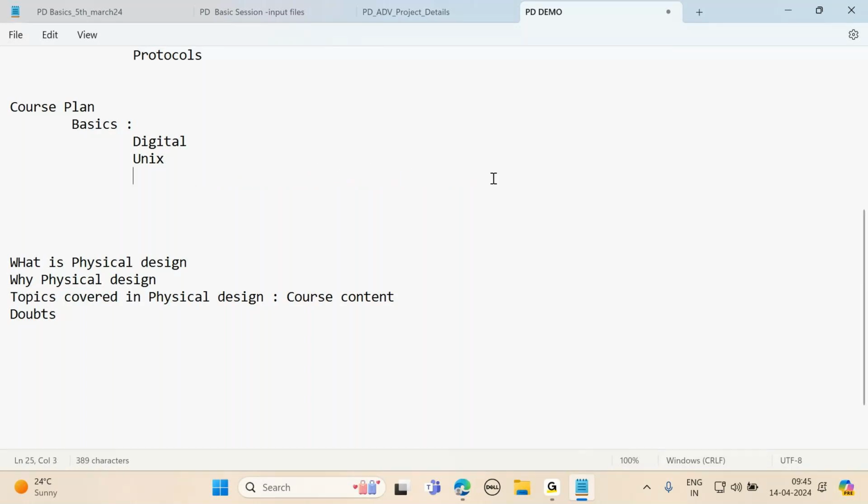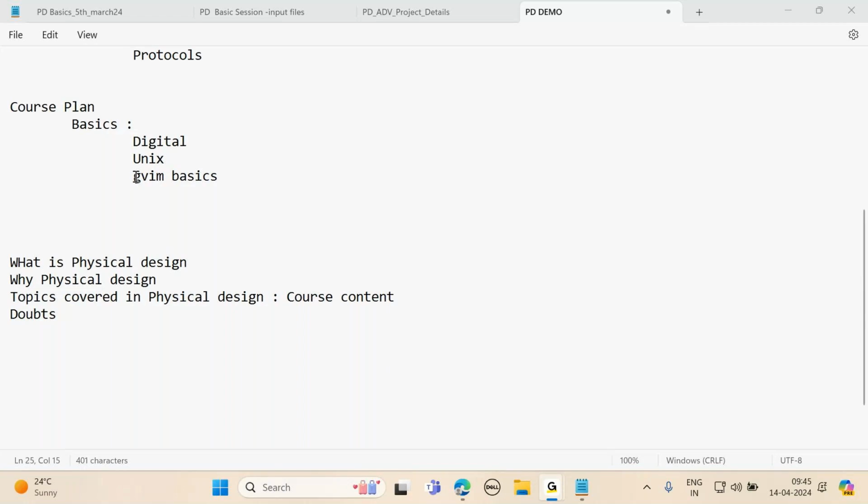Next, you need TCL or GVIM basics. GVIM is a text editor. Whatever I'm using now is also a text editor, so GVIM is also one kind of editor. If we use the GVIM editor, it is very helpful for file operations.